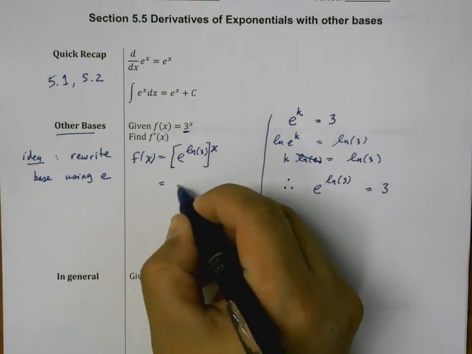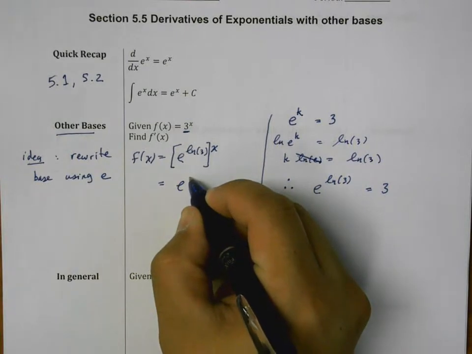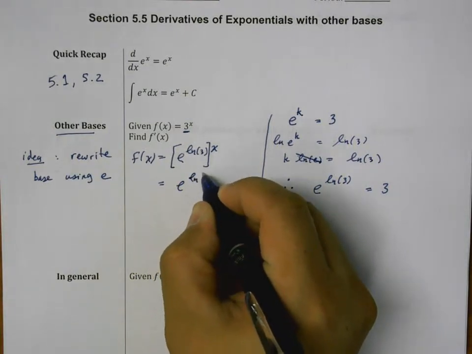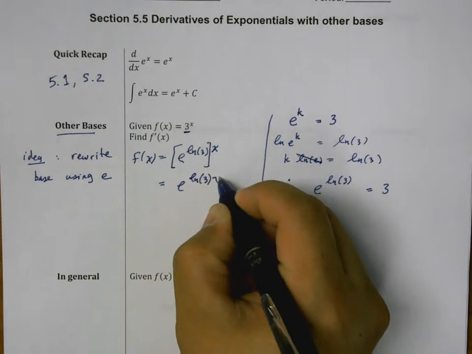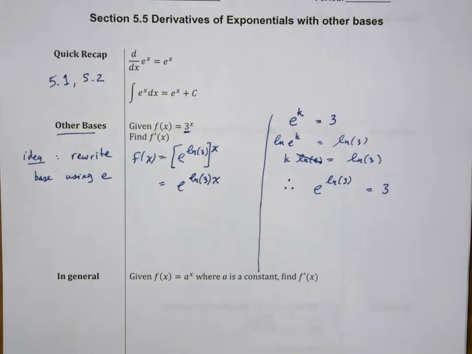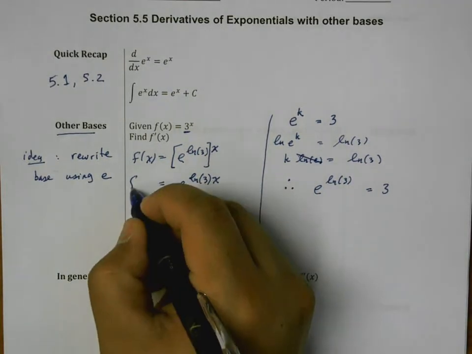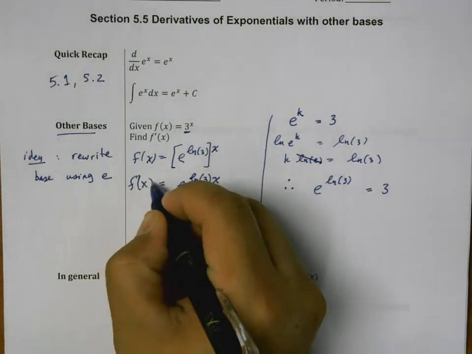Which is just equal to e to the natural log of 3 times x. So this is just rules of exponents. This is effectively the same thing. So this is f of x.